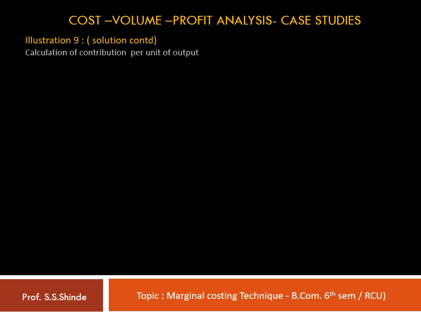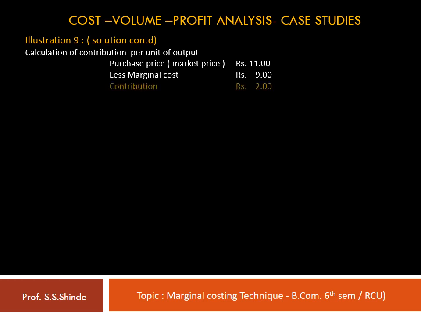Let's calculate the contribution per unit of output now. Purchase price, that's the market price of the spare part, is rupees 11. Less the marginal cost estimated would be 9 rupees. Therefore, the contribution per unit would be rupees 2.